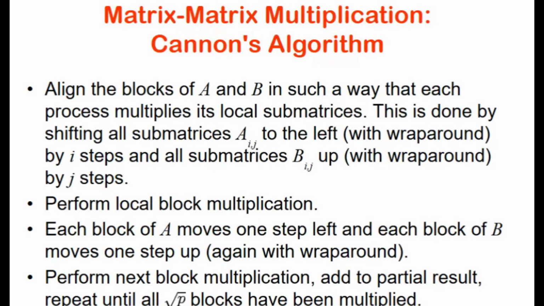Imagine that each processor moves data in a structured way to avoid waiting and ensure smooth calculations. Each block of A moves one step left and each block of B moves one step up. Perform the next block multiplication, add to the initial result, and repeat until all root p blocks have been multiplied.